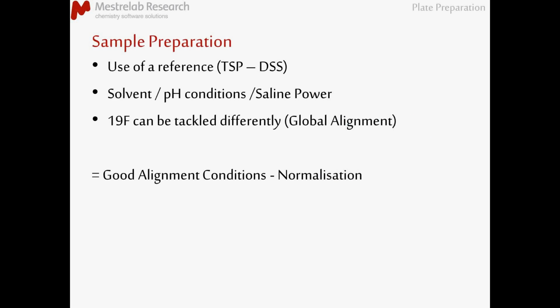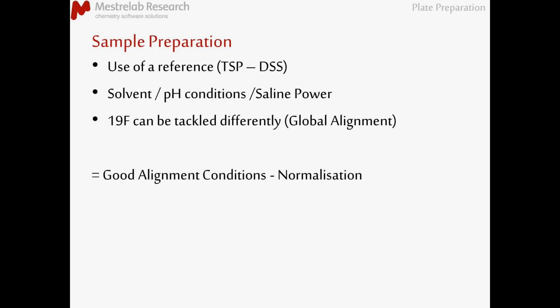Like I was saying, once we have a clear idea about what you would like to have, or how many compounds you would like to have per screening pool, there are experimental conditions that will help you later on with the analysis. The first of them, and always possible, is having a reference.